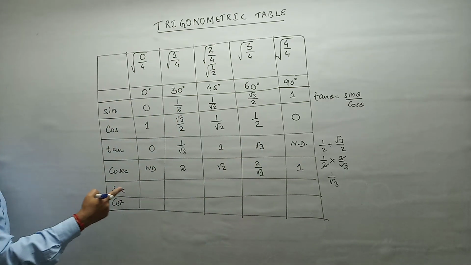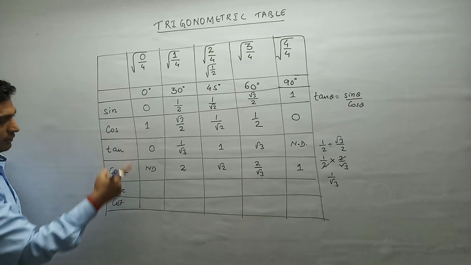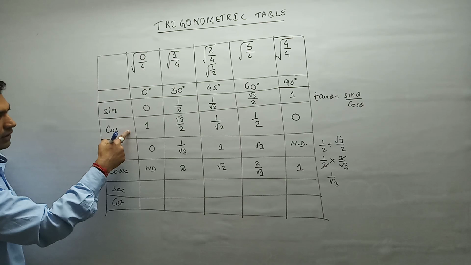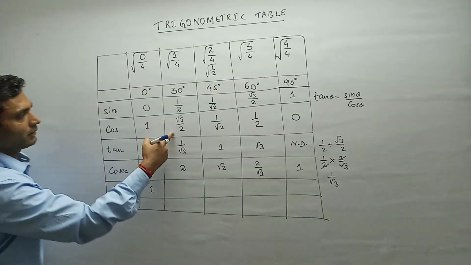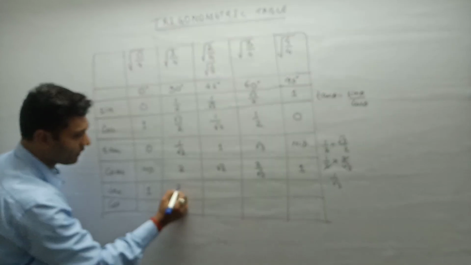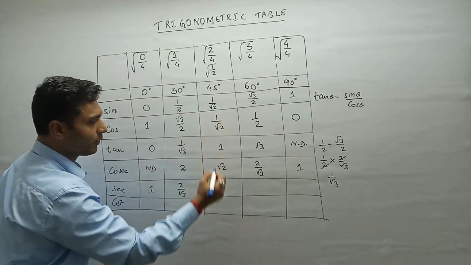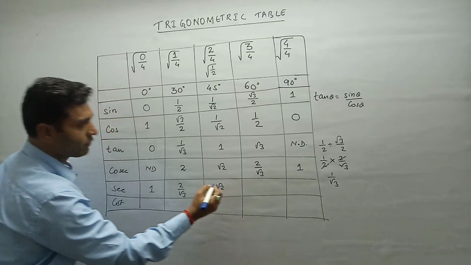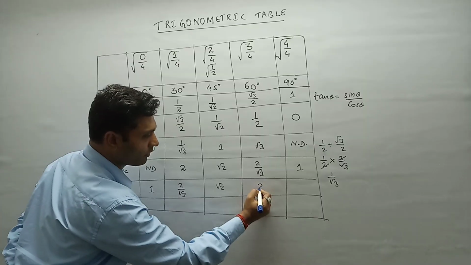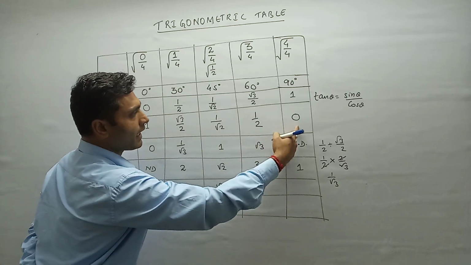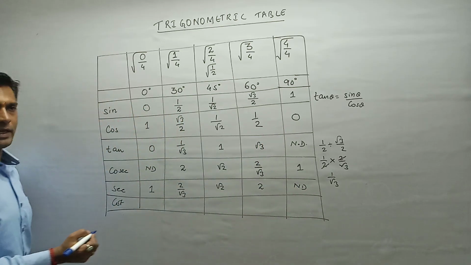Likewise, sec is the reciprocal of cos. So the reciprocal of 1 is 1. The reciprocal of root 3 by 2 is 2 by root over 3. The reciprocal of 1 upon root over 2 is root over 2. The reciprocal of 1 upon 2 is 2. And the reciprocal of 0, once again, is not defined.